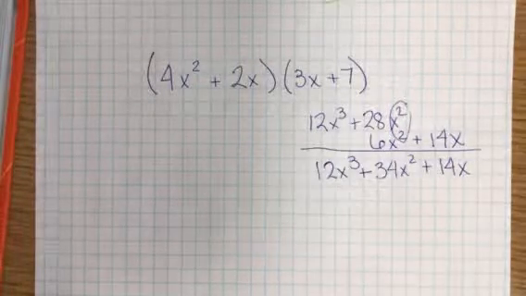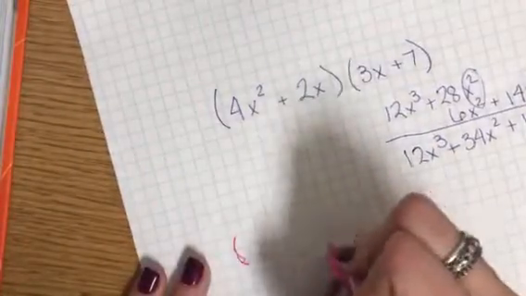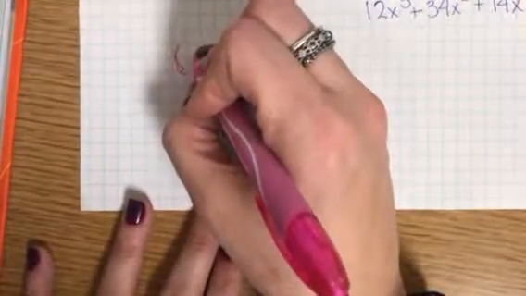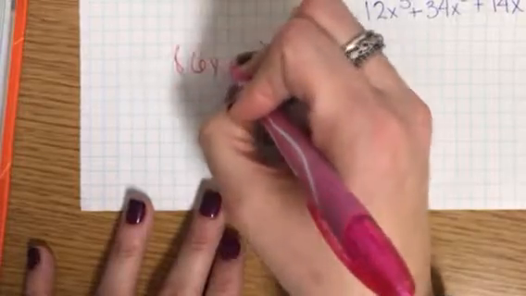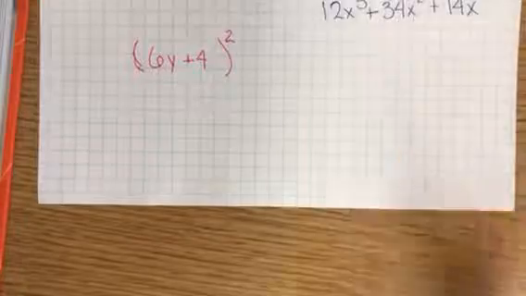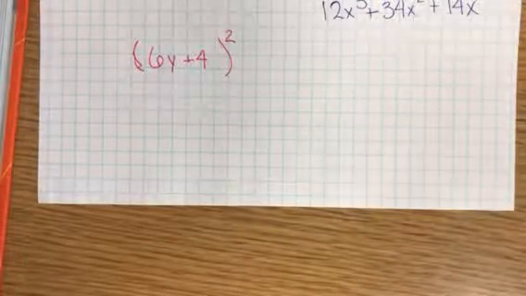The only other situation that's truly unique is if we have something called a binomial square. Sorry, I'm at the end of my paper, so I'm going to squeeze this in. So if we have something like 6y plus 4 squared. Okay, at this moment in time, it doesn't look like it, but this is still taking a binomial times a binomial.